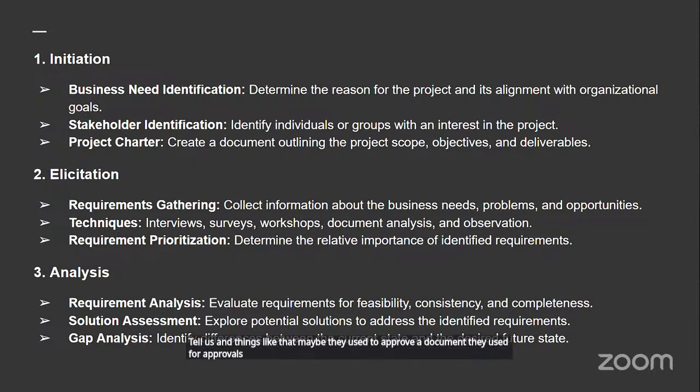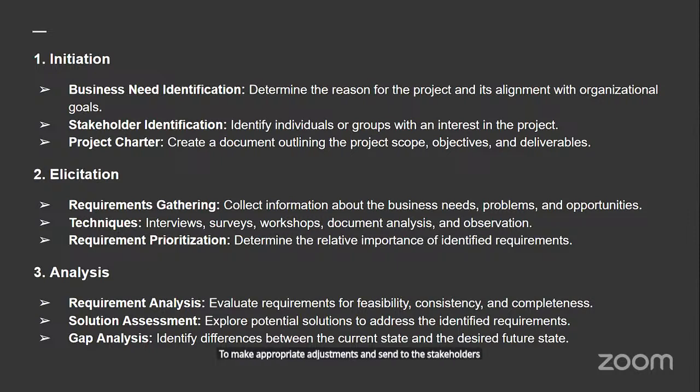You need to analyze them and see if everything is right. If nothing is right, then it's your job as a business analyst to make adjustments and send them to the stakeholders.